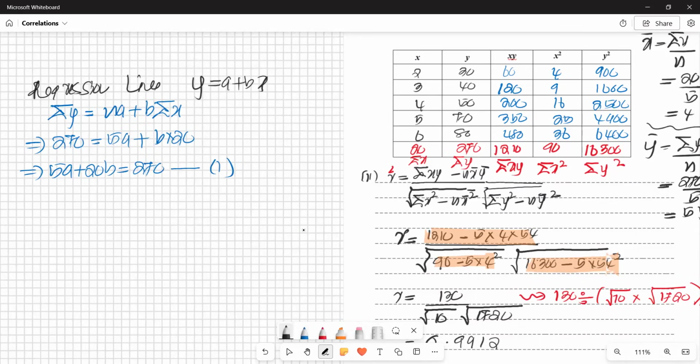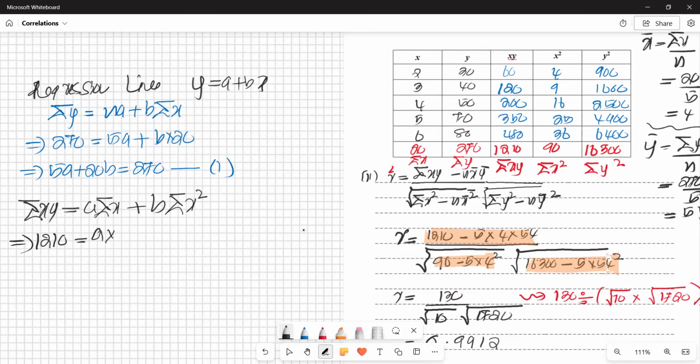Second equation, multiply this by x. On the left, xy is a variable, therefore we put sigma. Ax, x also a variable, sigma x. Next, multiply by x, bx to the power 2, therefore sigma x squared. Right, from the table, sigma xy is 1210.